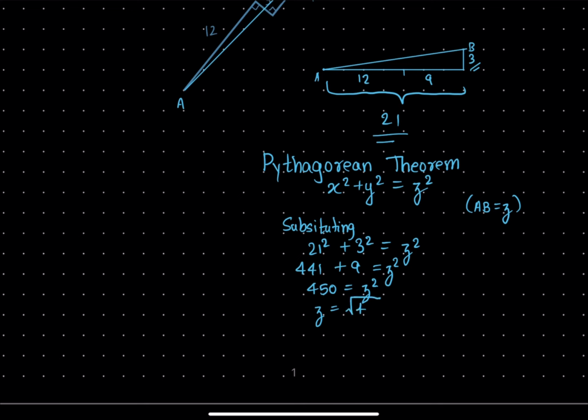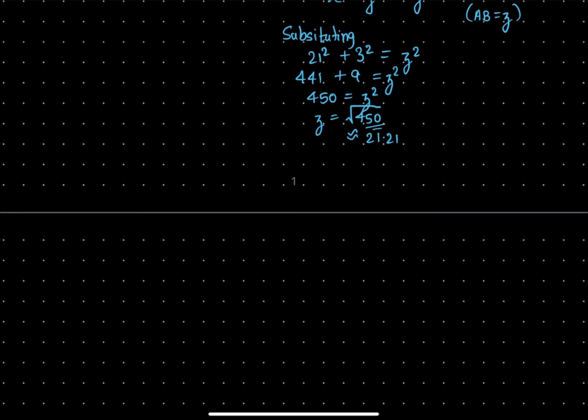Now, you can go ahead and do that if you like, but in this video, we're going to keep it short and simple and just say the square root of 450. You'll see why we need this later, but the square root of 450 is approximately 21.21. But right now, we're going to keep it as the square root of 450.